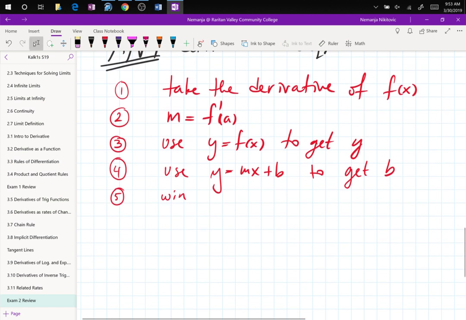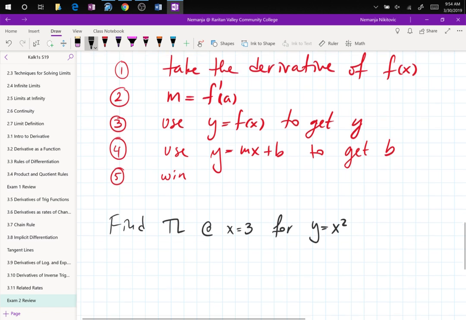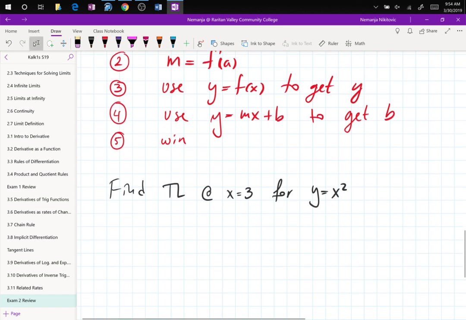The simplest example is find the tangent line at x equals 3 for y equals x squared. Now, you can't have a cheaper problem than this, right? You just go down the list. f prime of x is 2x. Slope m is f prime computed at 3, so that's 2 times 3 is 6.